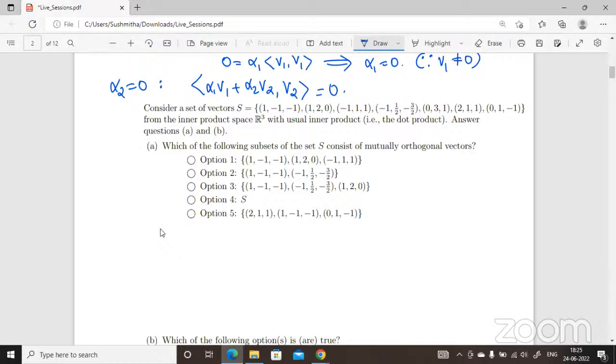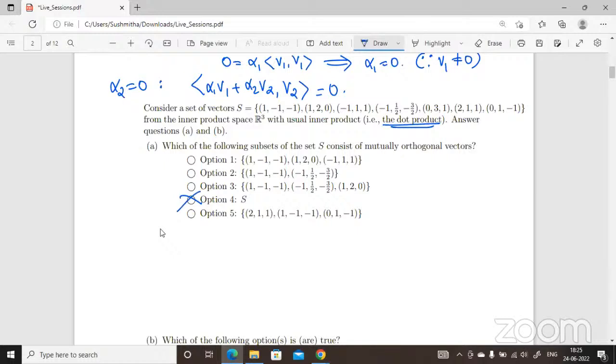Which of the following subsets of the set S consist of mutually orthogonal vectors? Now, how do we check whether it is mutually orthogonal? Pairwise. You take pairwise inner products. Here the inner product is the dot product, so you just need to do the dot product.